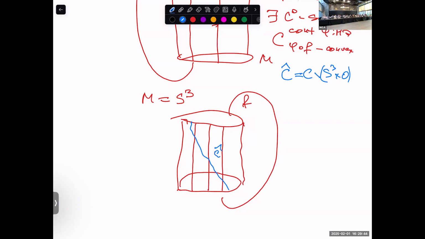So C hat projects downstairs as an immersion, right? Because it's transverse to this characteristic relation. But also it divides our manifold, and if you consider this piece and sigma hat, then you see that this projection is again an immersion, and because S3 is simply connected, this is a diffeomorphism.